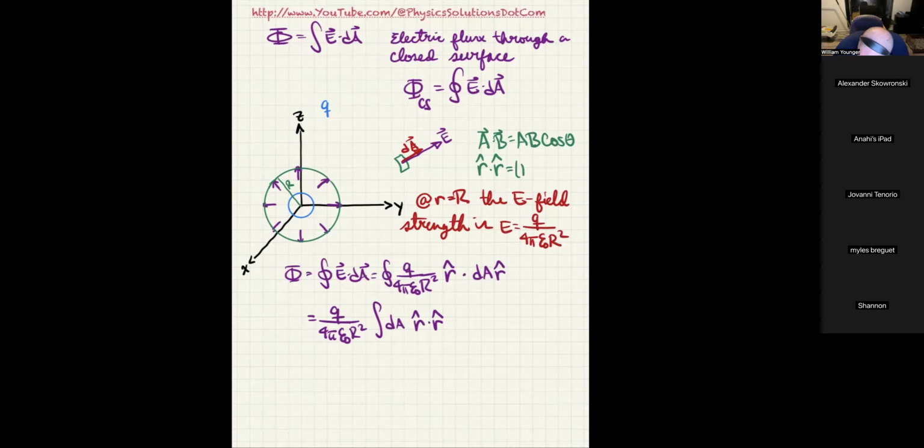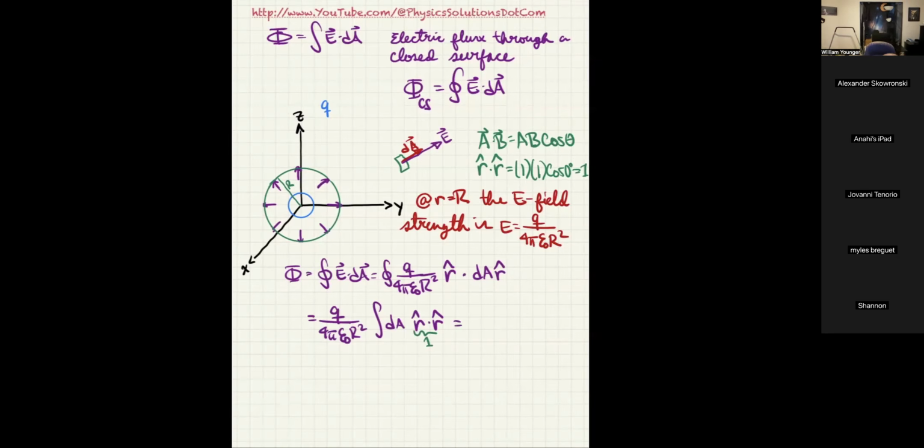So the magnitude of r hat times the magnitude of r hat is 1 times 1, but the two vectors are identical, so the angle between them is 0. So I get 1 times the cosine of 0 degrees, which is just 1. So lo and behold, r hat dot r hat is just 1.